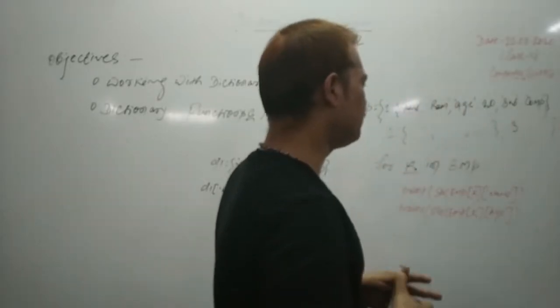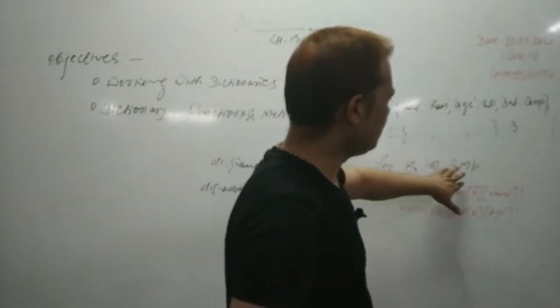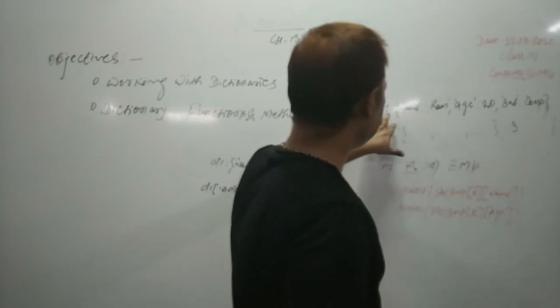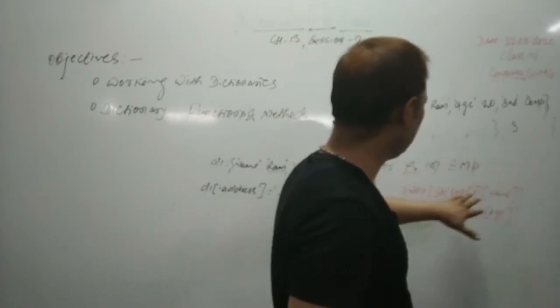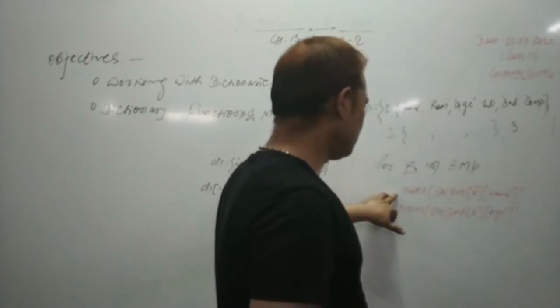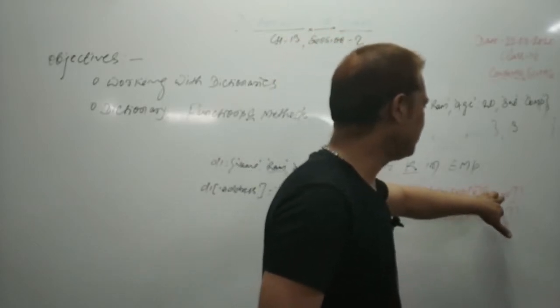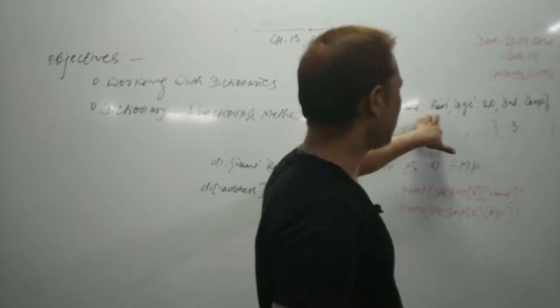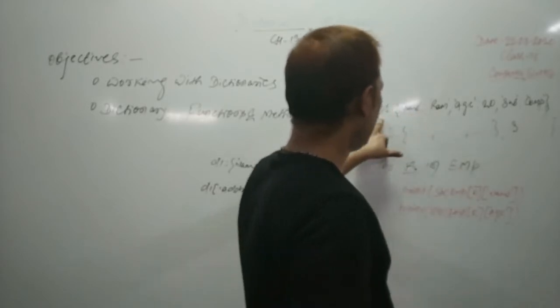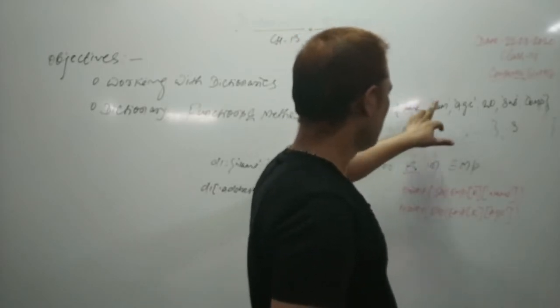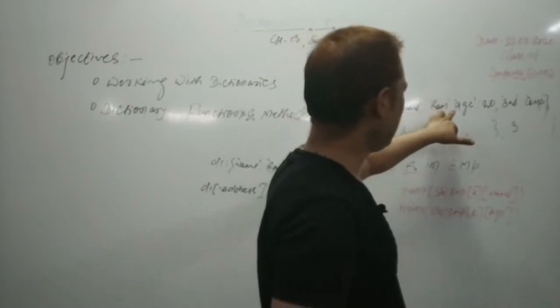Try to see carefully what I'm doing here. For k in emp, it means every key, that is 1, 2 and 3, will come in the k. Then you print the emp key with the name, and the name is Ram. So it will give you 1, then Ram, and then the second, age, is this.